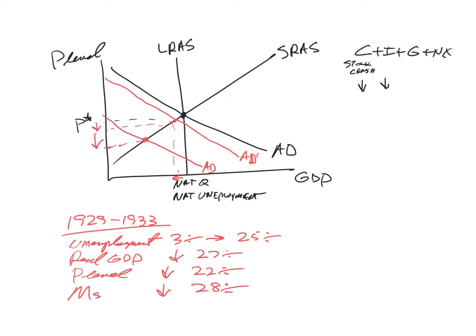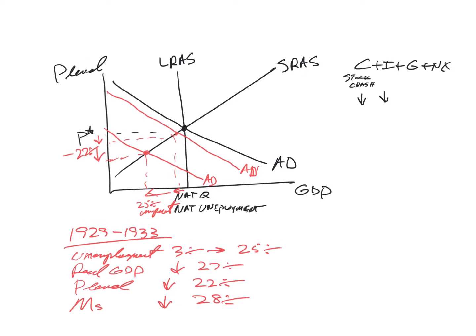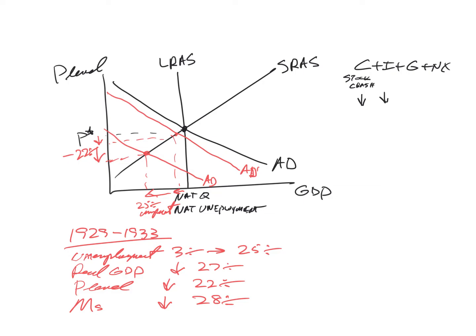Price level, down 22%. Unemployment, up to 25%. Okay, and GDP down, okay, what I've written, 27%, okay? So that's more like it.